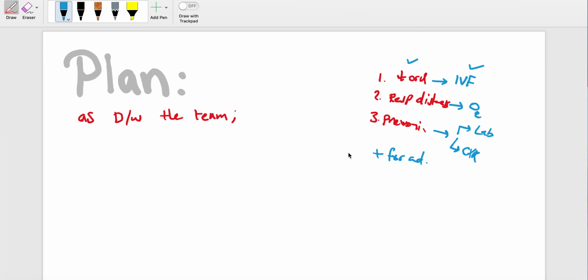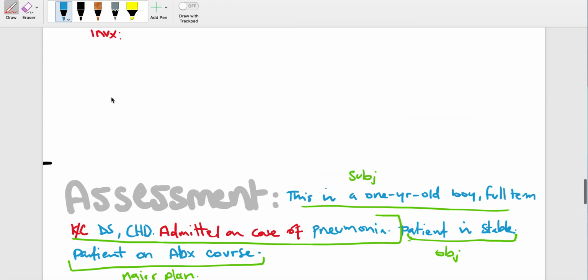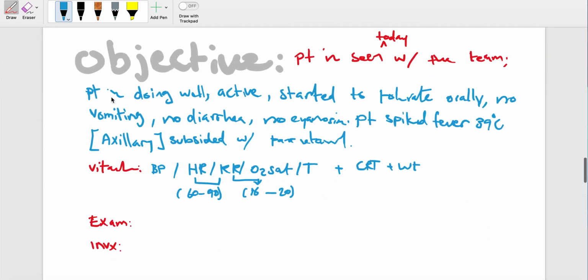Okay, that's why I told you I prefer to write down the plan in order, because you cannot do all of that without admitting the patient. So first admit the patient, then you can continue. Okay, so in our case we can do our plan as, let's say, based on our objective.